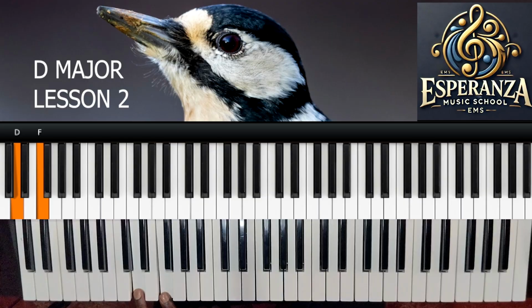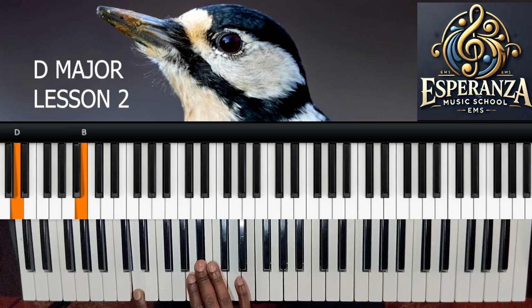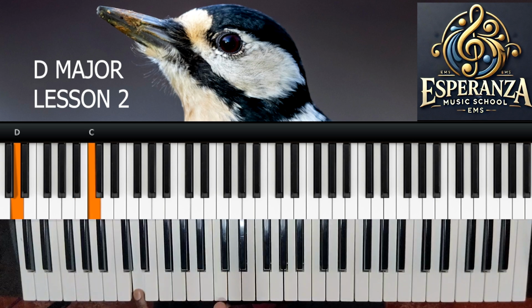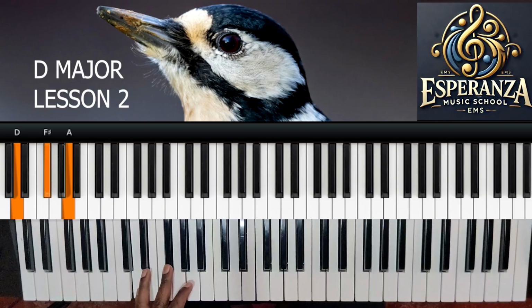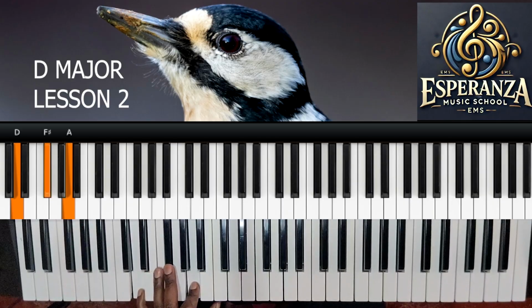This is minor third, major third, perfect fourth, tritone, perfect fifth, minor sixth, major sixth, minor seventh, major seventh, and this is an octave. So when I say root, major third, and perfect fifth, I mean the root is this, and then major third, and then perfect fifth. That's a good example of a major chord, which is chord 1.